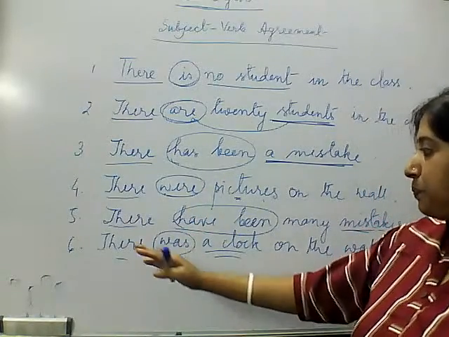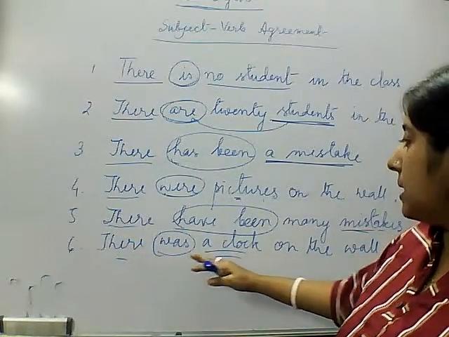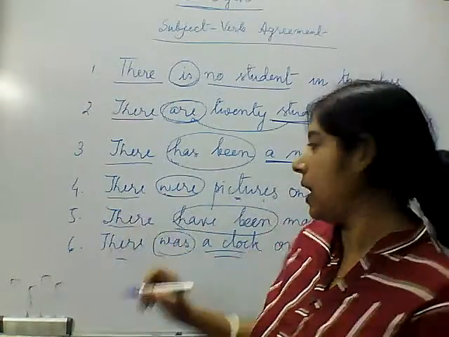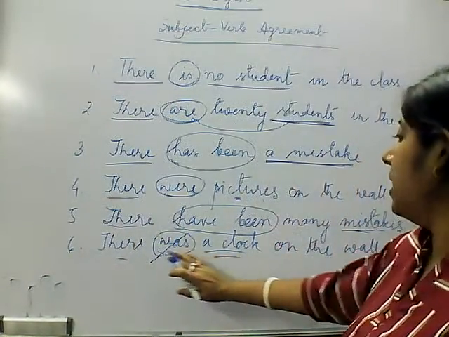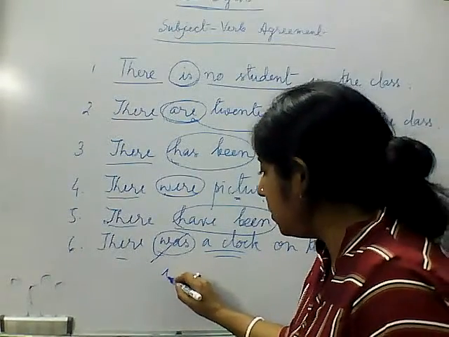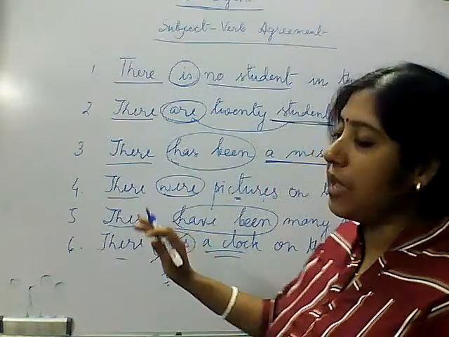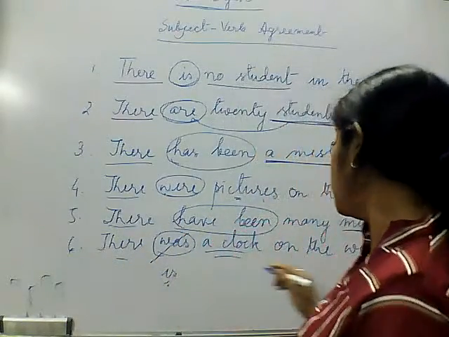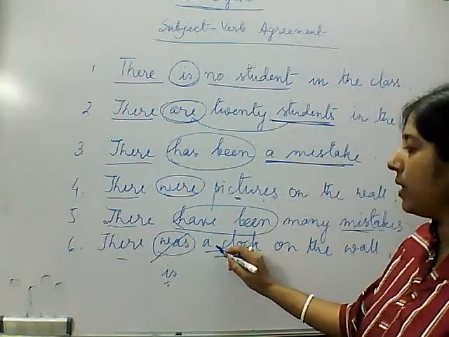Next is "There was a clock." It is past tense. If suppose I am not giving past tense here, and I have written "There dash a clock on the wall", if you write "is" also, it will be correct. As I have shown you the example of past tense, that's why I have written "was". On the wall, how many clocks are there?